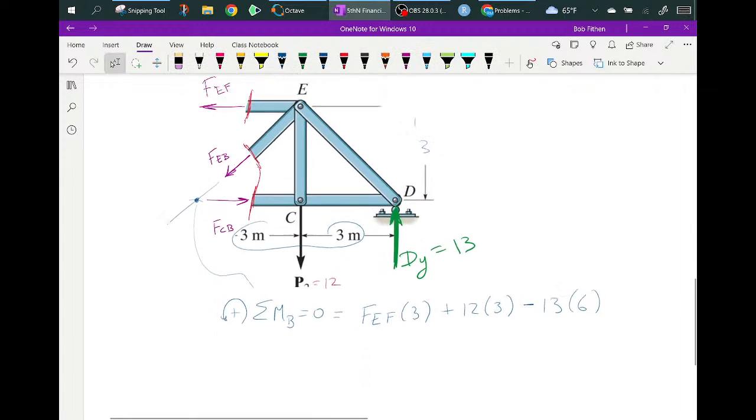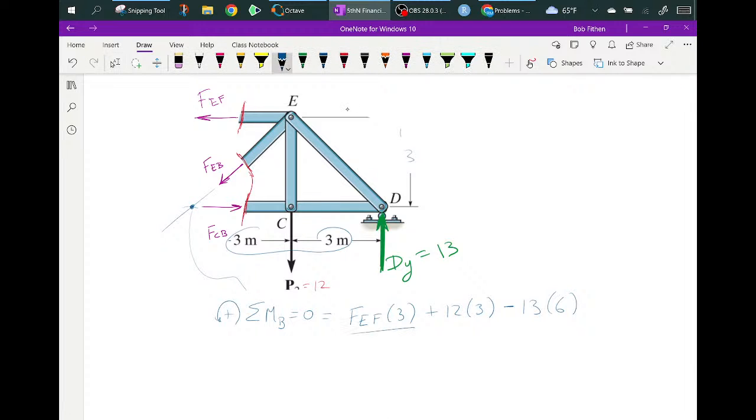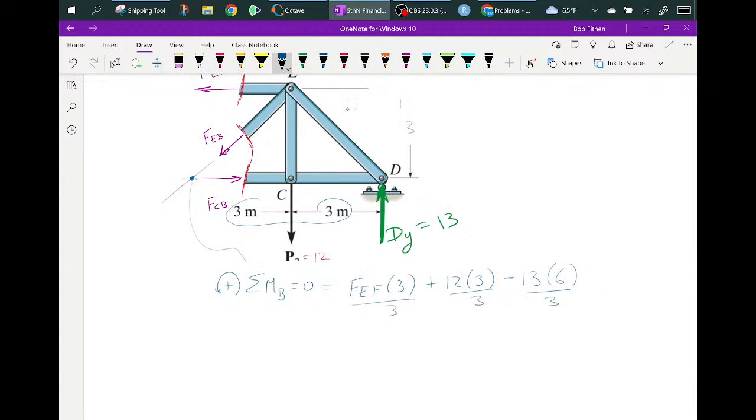So, hey, looks like I can divide by 3 again. Oops. So what I get is FEF equals, if I move this to the other side, it becomes positive, and it's 13 times 2 minus 12.